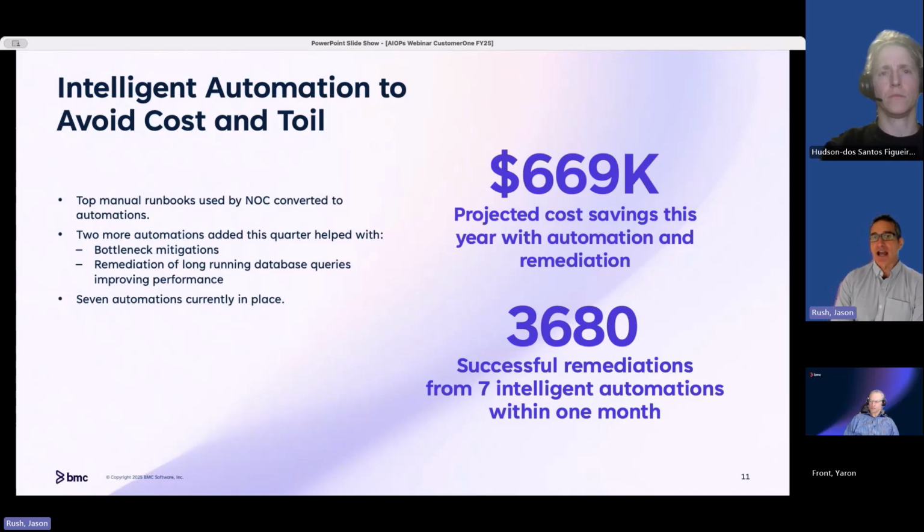So it's one thing to attach an automation to an alert. We already know that sometimes those alerts mean one thing, but not exactly the root cause. But with AIOps, we have these intelligent situations that are coming in, these AI situations coming in through AIOps. And if we attach an intelligent automation to a situation, then our likelihood to actually remediate and prevent disruption is much higher, much greater. And that's what we're seeing.